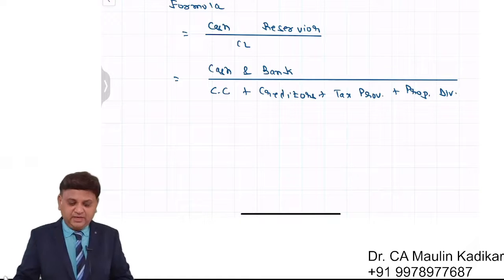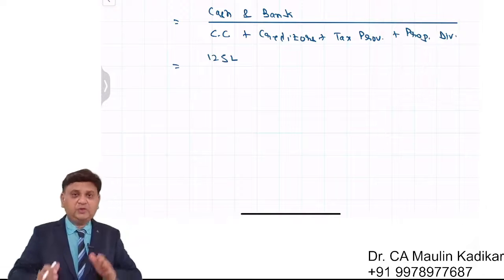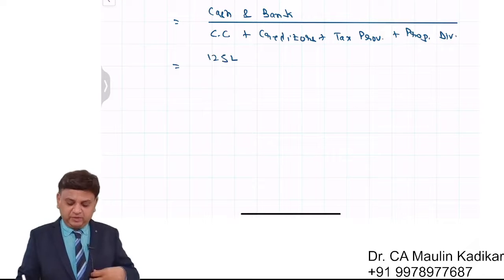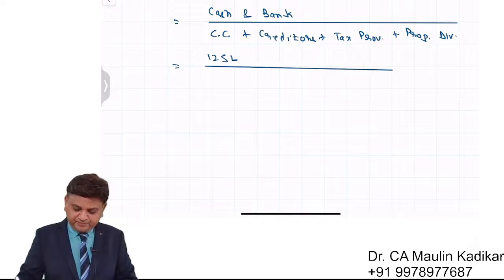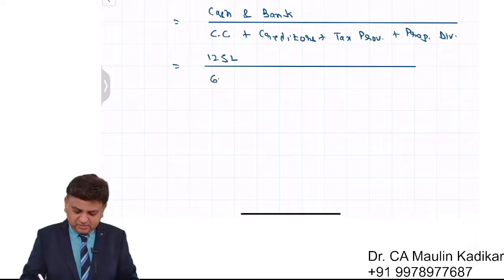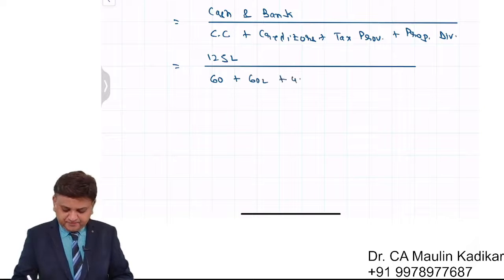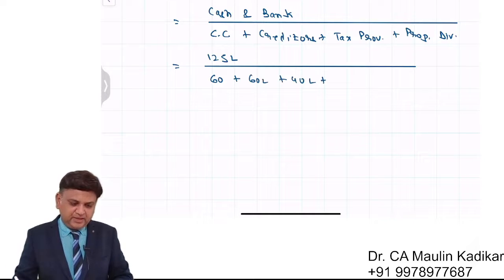Cash and bank is 125 lakhs, which is available with me today itself for making payment of the current liability, divided by cash credit 60, creditors again 60, tax provision 40, and proposed dividend again 60.